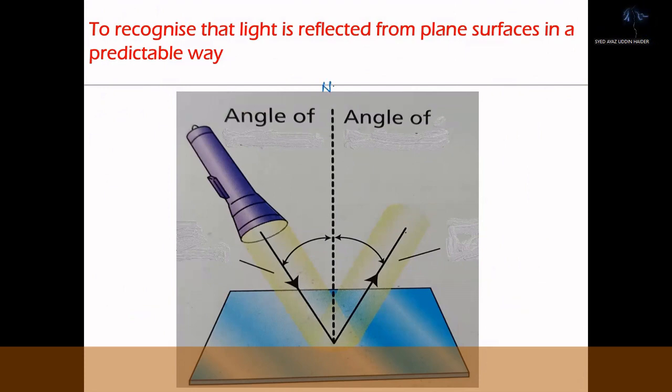This is normal. The angle between the incident ray and the normal is known as angle of incidence. This is angle of incidence.